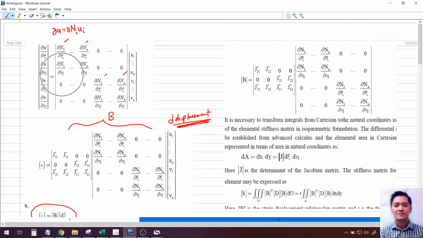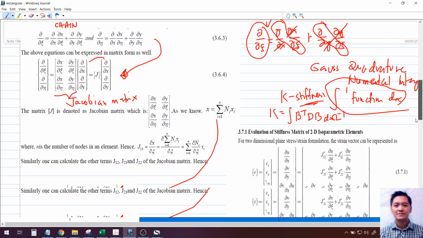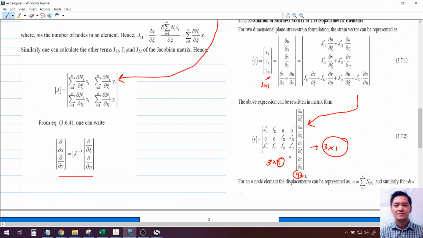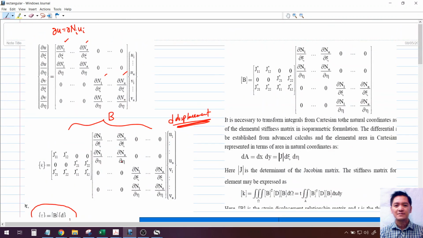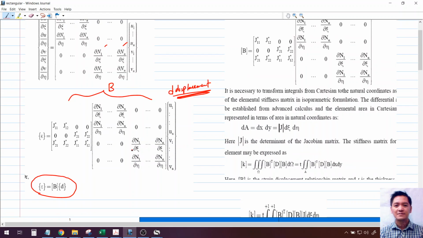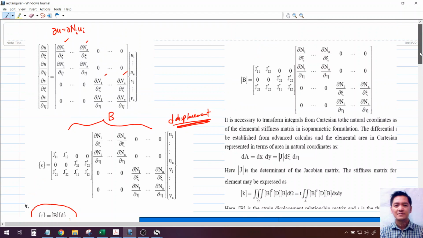So, i-plug in natin daw ito sa strain na ito. Okay, yan. Pag plug in mo yan dyan, ito na siya. Okay. So, ito na siya. This is the B.